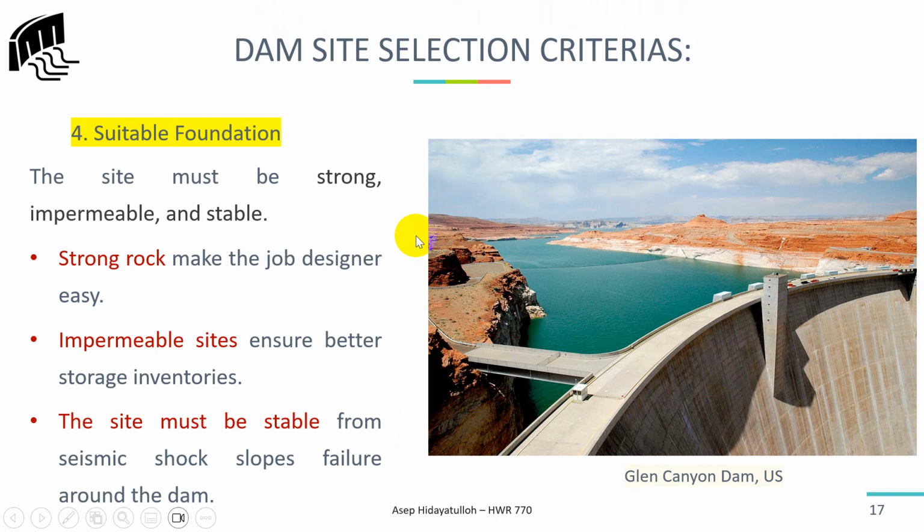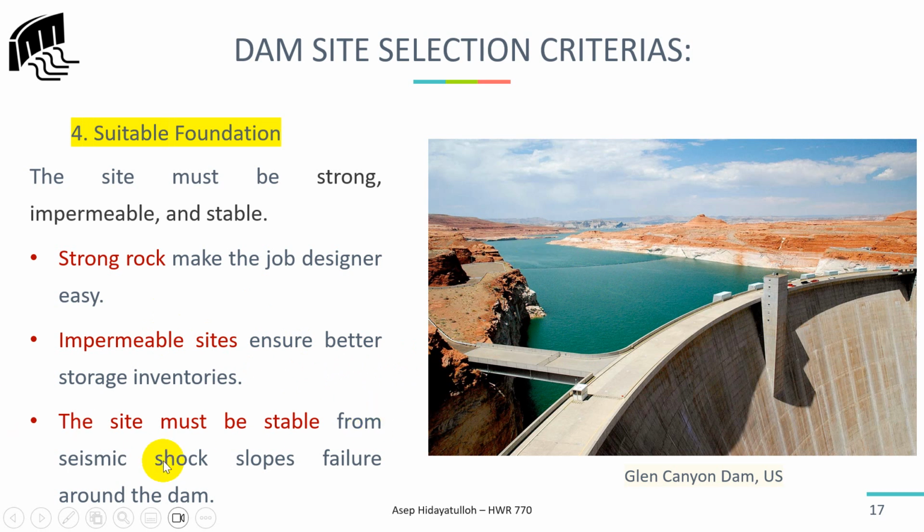Number four, suitable foundation. The site must be strong, impermeable, and stable. Strong rock makes the job of the designer easy, and an impermeable site ensures better water storage, so there is no leakage or seepage of the stored water.